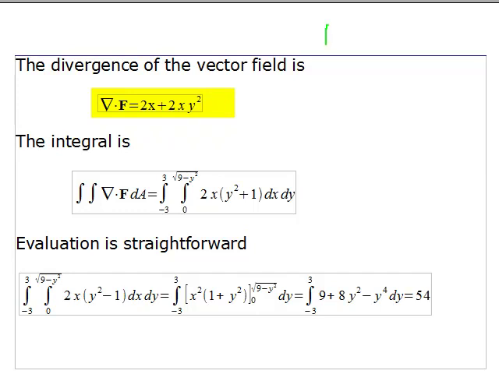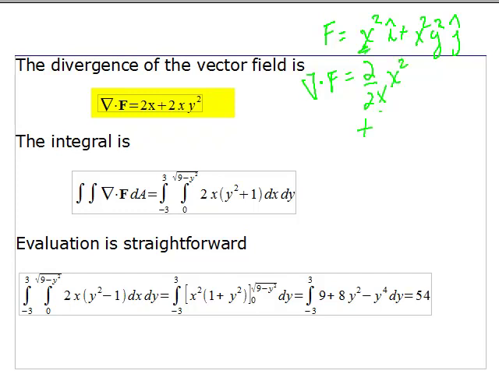Okay, if I had f as stated above, x squared in the i direction plus x squared y squared in the j direction, and I took the divergence of f, that would be the partial with respect to x of the x squared plus the partial with respect to y of the x squared y squared, right? Which would be 2x plus 2x squared y. That's not what I wrote here. Obviously, I used a different function. No, obviously I made a mistake, but that's okay too.